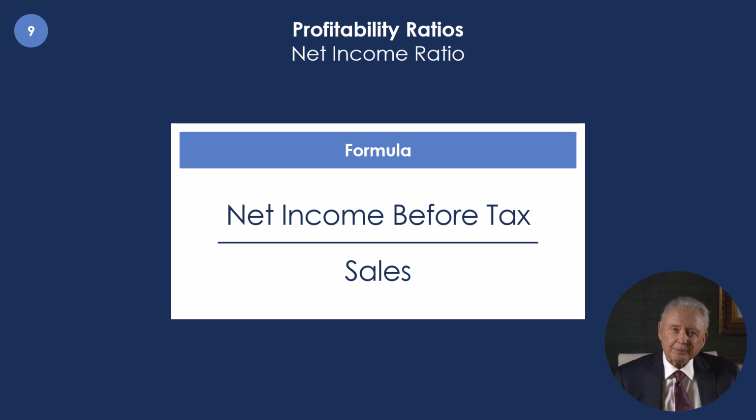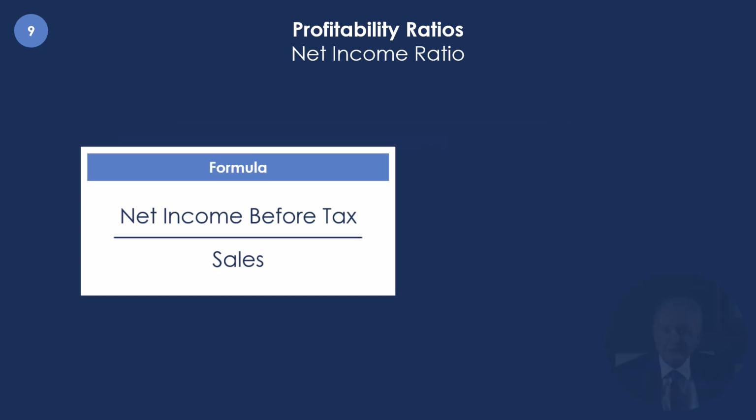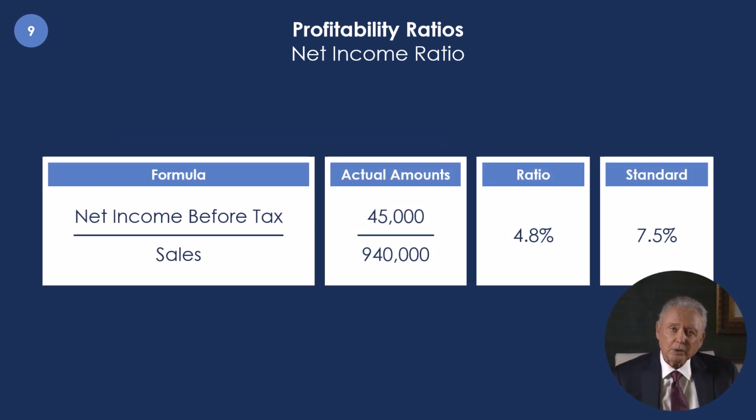Most S&P companies make about 7% on sales, all the capital and effort resulting in profits of about 7%. On the following slide, we will show a portion of the income statement showing income before tax of $45,000. $45,000 divided by sales of $940,000 is 4.8% versus a standard of 7.5%.